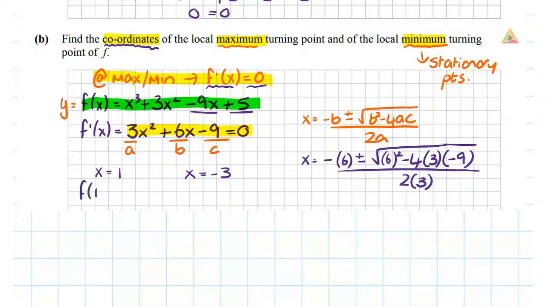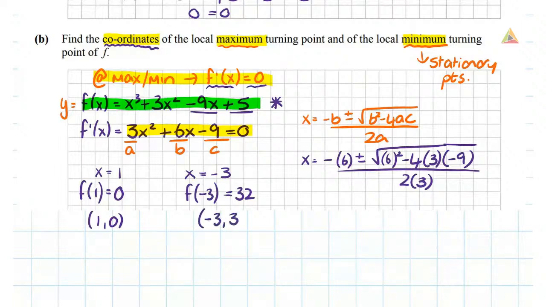So f of 1, you're subbing 1 in everywhere you see an x, and that should give you 0. And f of minus 3, you're going back to the original and subbing minus 3 in everywhere you see an x. You should be getting 32 for your y coordinate. So those are my 2 points. 1, 0 is one of them, and minus 3, 32 is my second point.